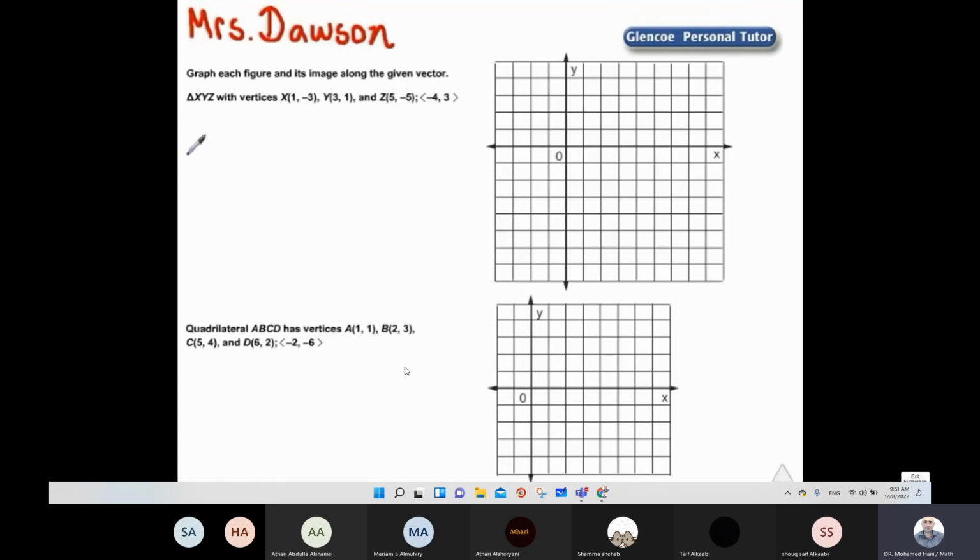XYZ. XYZ will have a translation of down 4, so that would be the same as X, and then adding a -4, and a translation of 3 units up. So the Y value will be increased by 3.